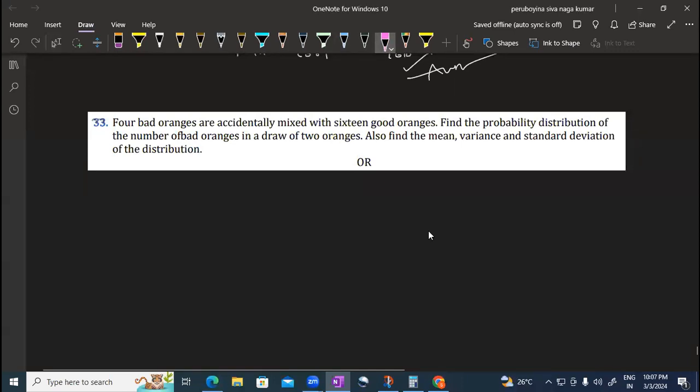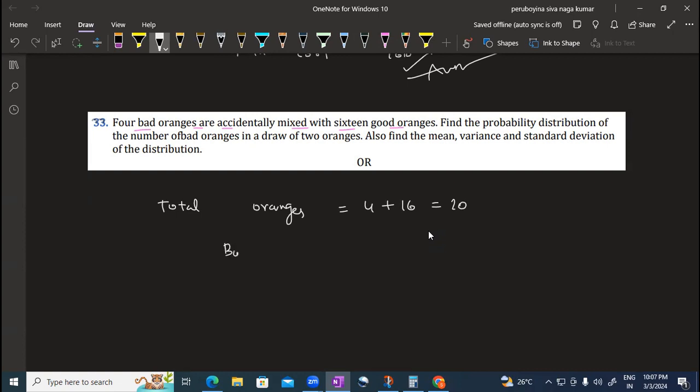Question number 33. 4 bad oranges are accidentally mixed with 16 good oranges. So total oranges is equal to 4 plus 16, 20 oranges.